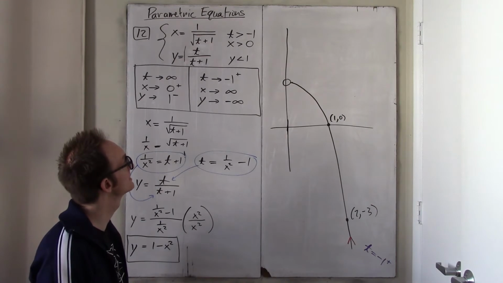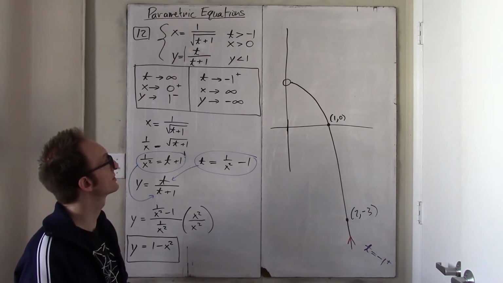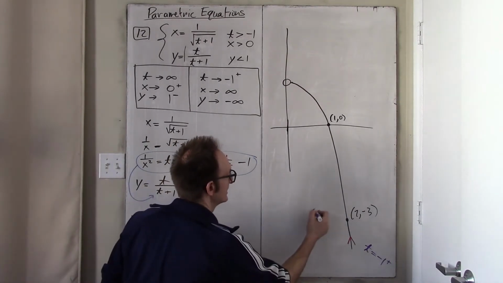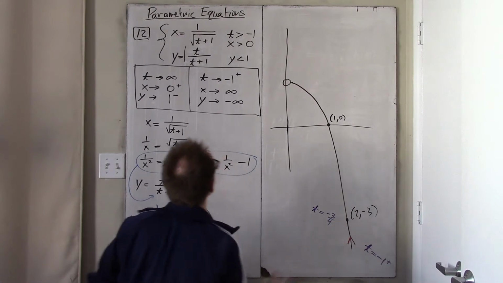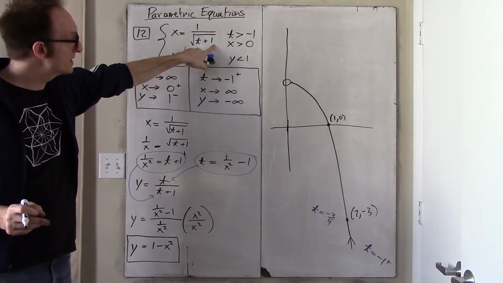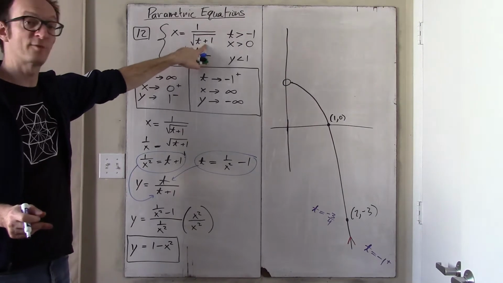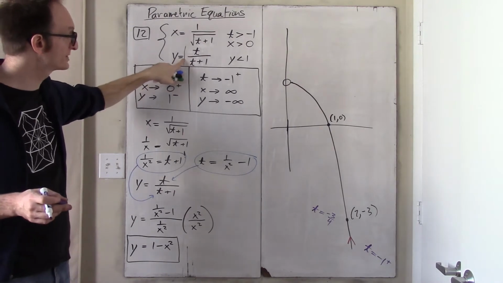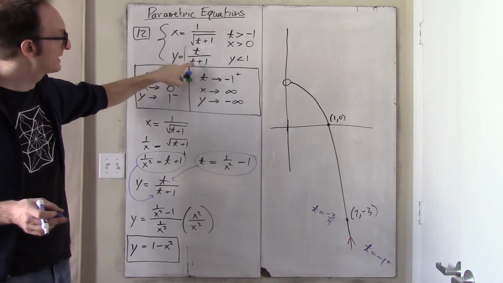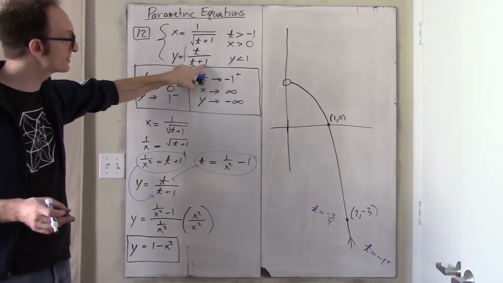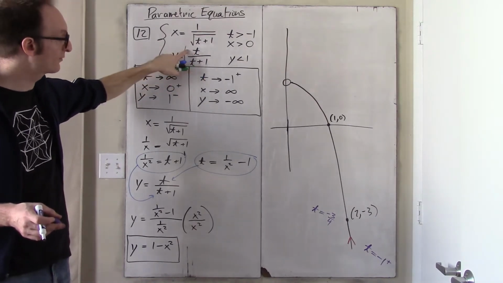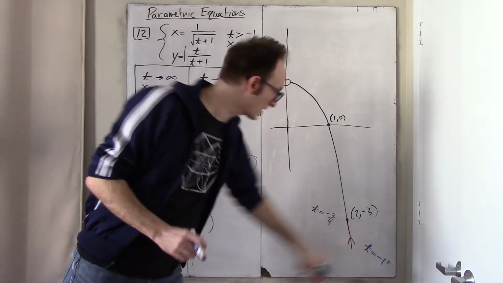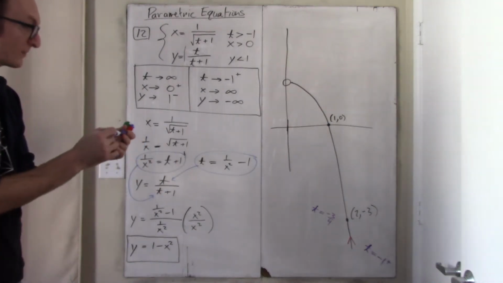So if t is -3/4, then -3/4 and 1 is +1/4. What's the square root of a fourth? 1/2. What's 1/1/2? 2. And if I plug -3/4 into y, I get -3/4 on the top, and again -3/4 and 1 is +1/4. So -3/4 divided by 1/4 is just -3. So indeed I am at the point 2, -3 at time -3/4.